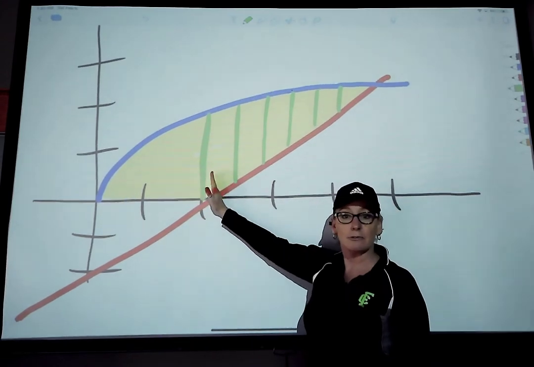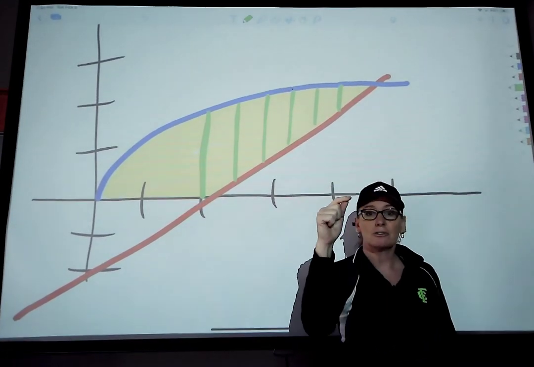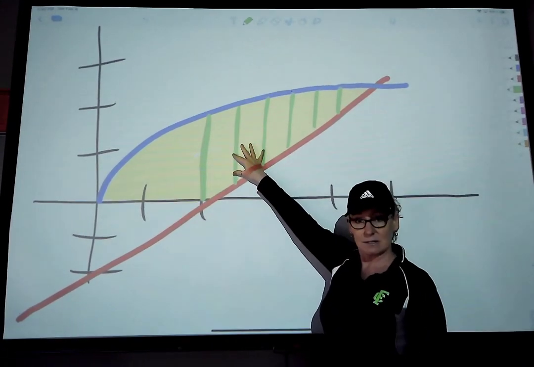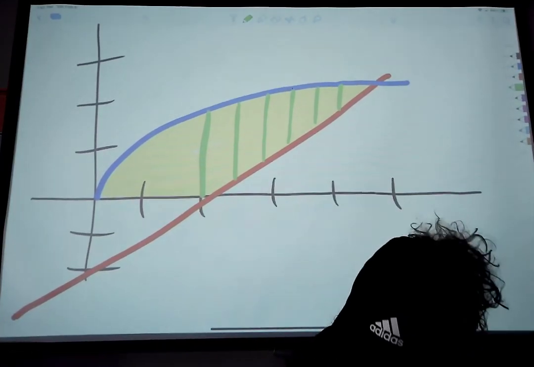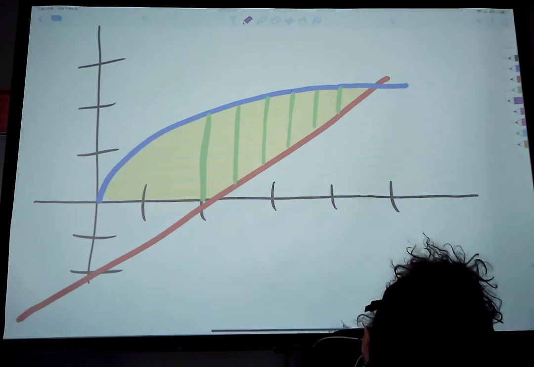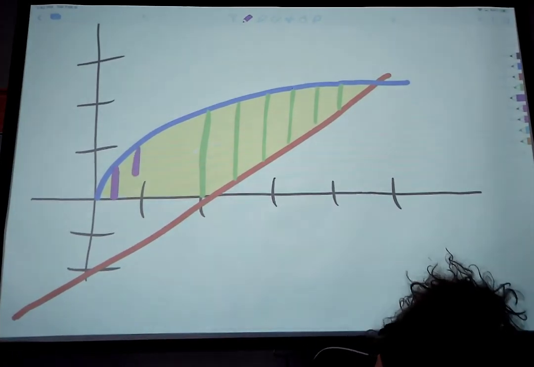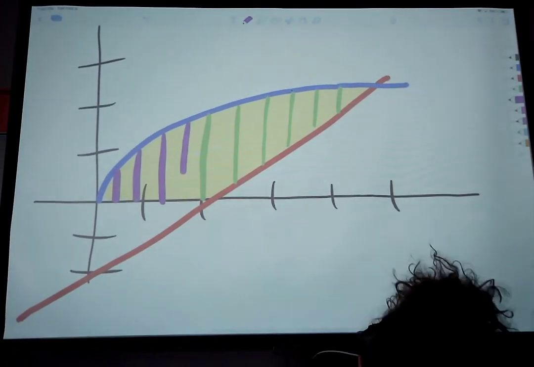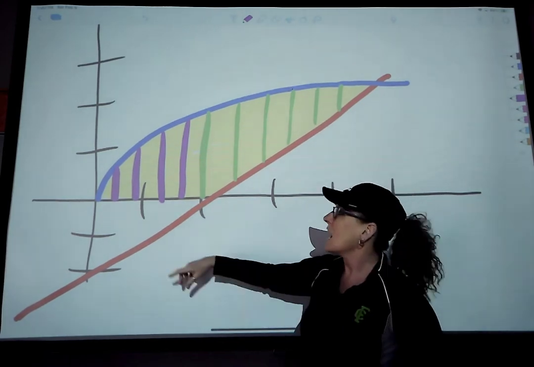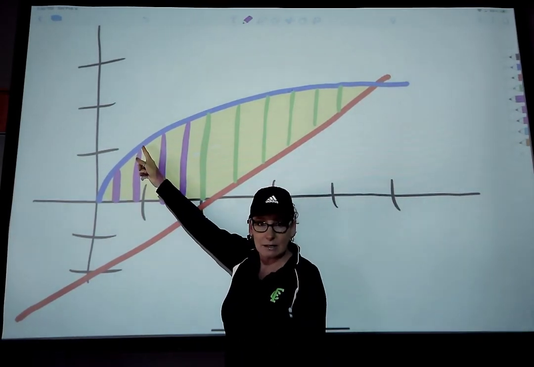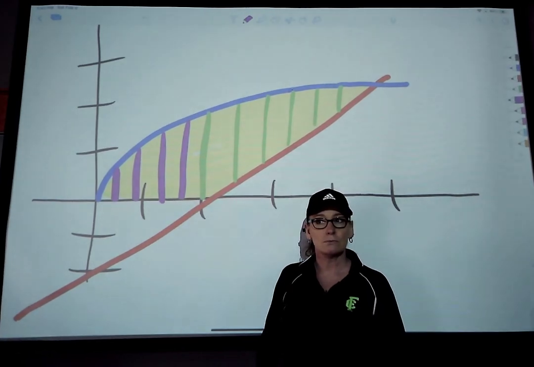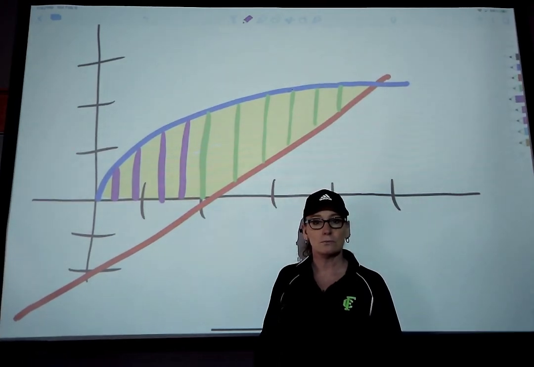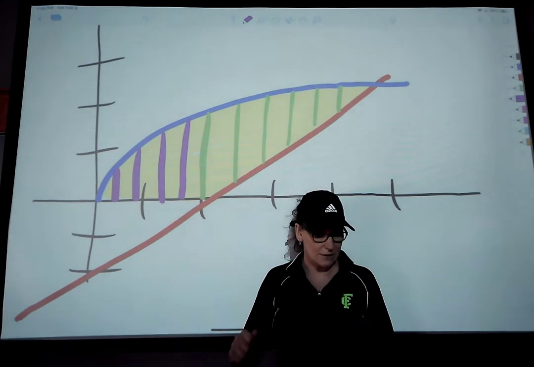That works okay from 2 to 4. I could use an integral to find this, but I need a different integral to find the rest of the area. Let me switch colors. How would I find this? I would take simply the area under the blue.